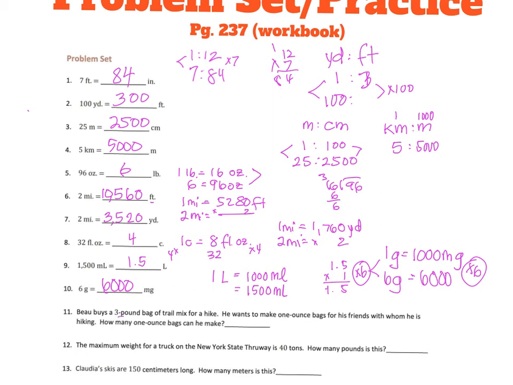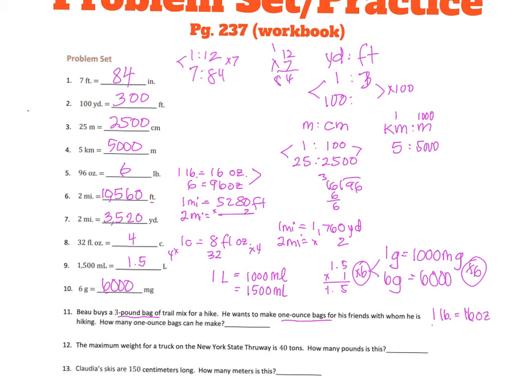Bo buys a 3-pound bag of trail mix for a hike. He wants to make 1-ounce bags for his friends. So how many 1-ounce bags can he make? So I got to go back, and I'm looking at pounds. And I see 1 pound is equal to 16 ounces.